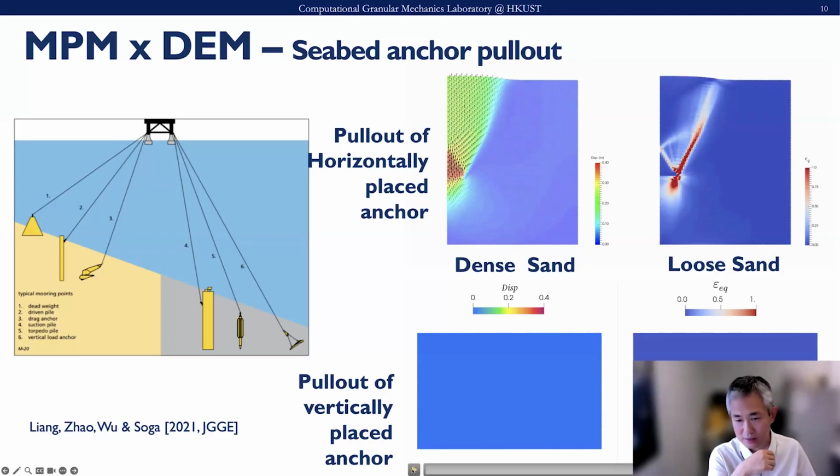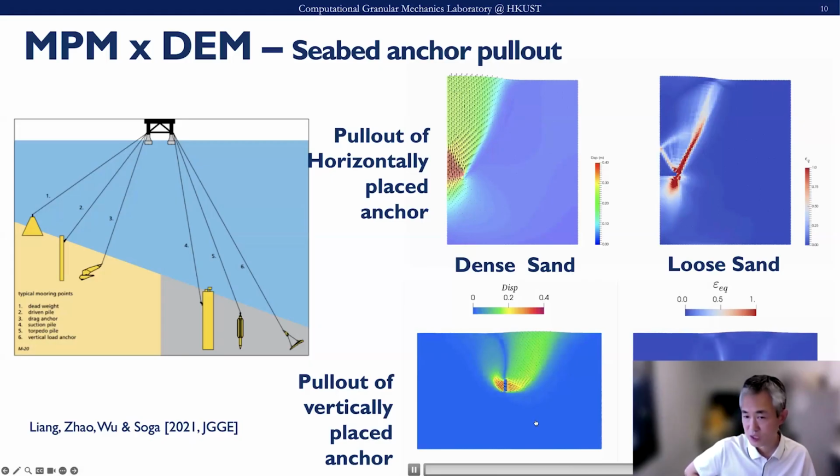In another case, if we place this anchor vertically, like this second one, and then pull it horizontally to the right, it's quite interesting that the failure pattern is different from the previous one. When we pull this anchor to the right, the sand in front of it is pushed and forms a shear band penetrating through the seabed surface.